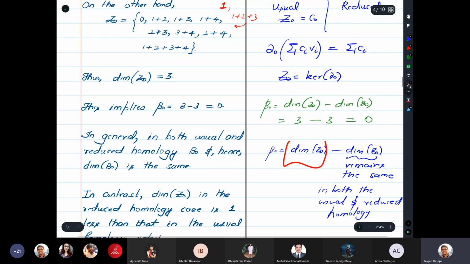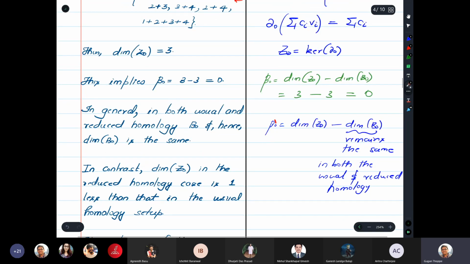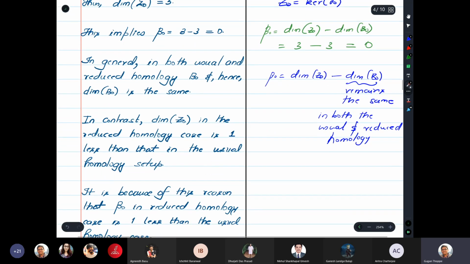What changes is the dimension of Z0, which means that in the reduced homology, the dimension of Z0 actually reduces by 1. Is this okay? This is one observation that we make as part of this calculation, and that fact actually holds in general. Accordingly, the Betti 0 in the reduced homology case is 1 less than the Betti number in the usual homology case. Again, I encourage you to think about what this 0th Betti number is trying to count in the usual and reduced homology.